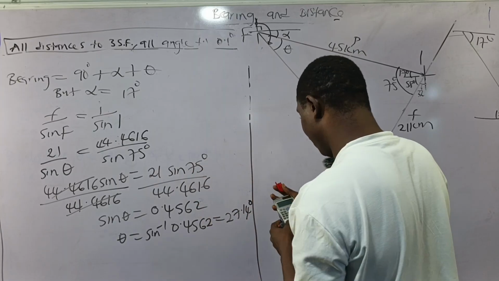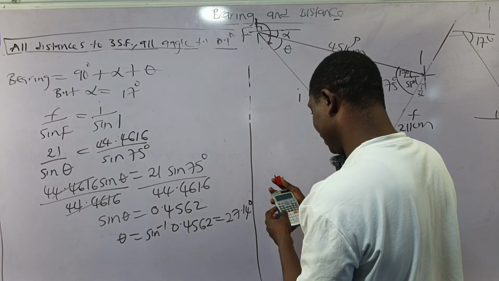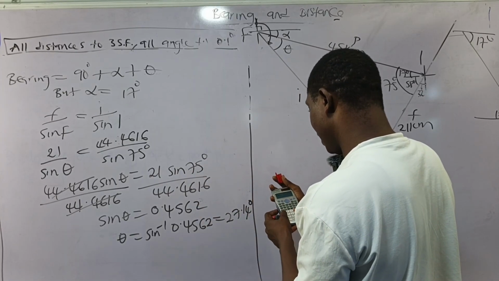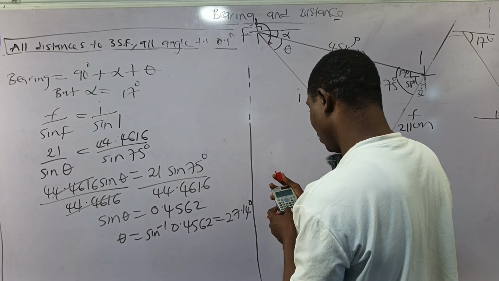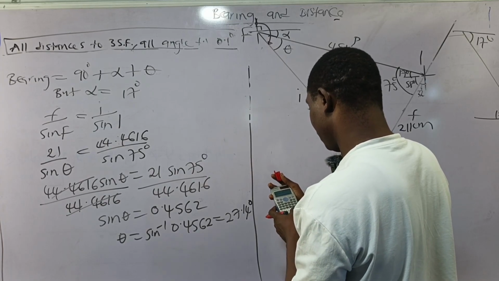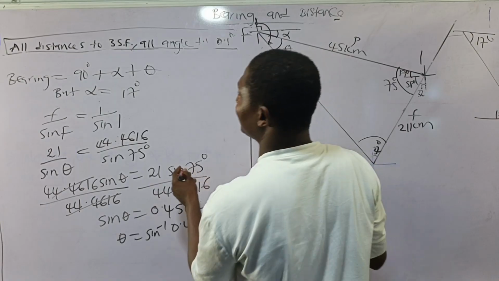Let me verify this again, please. 21 sine 75 divided by 44.4616. Yeah, so I've gotten my theta.